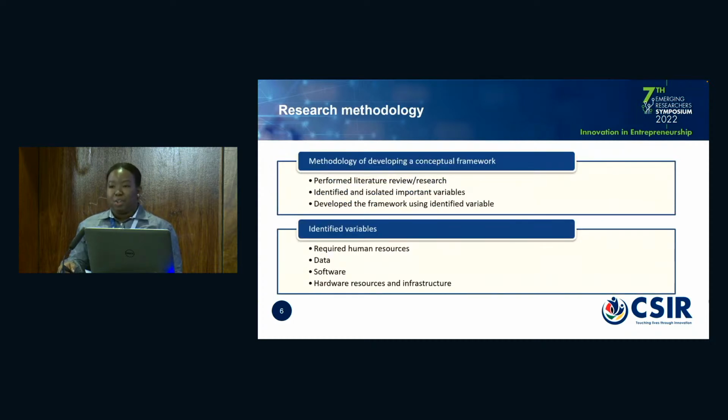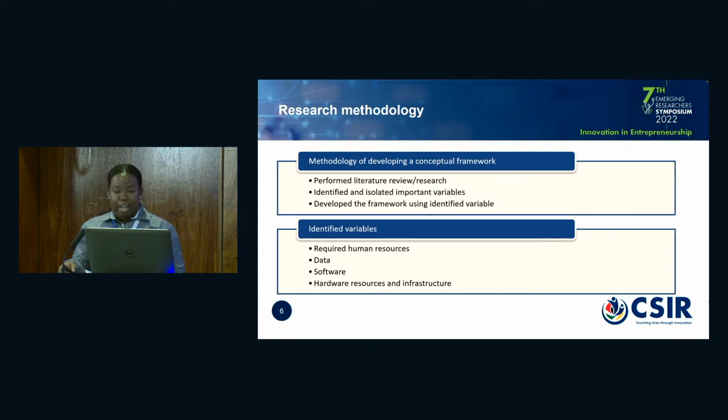Okay, so the adopted methodology for this research was the methodology of developing a conceptual framework. So we conducted a literature review and then isolated the important variables for the project, and then we developed a framework using the identified variables.